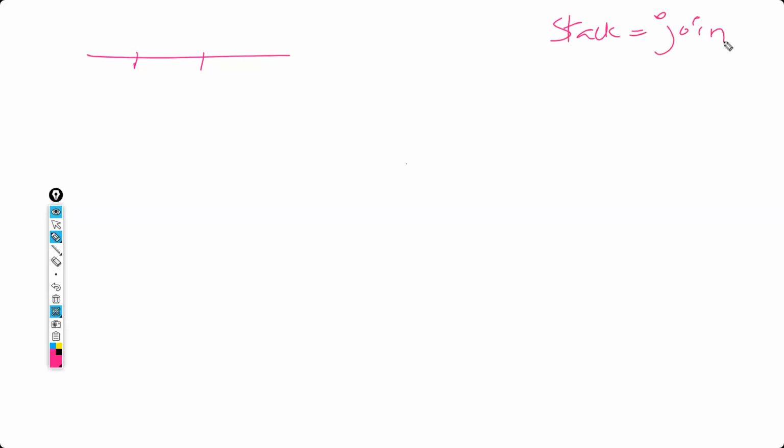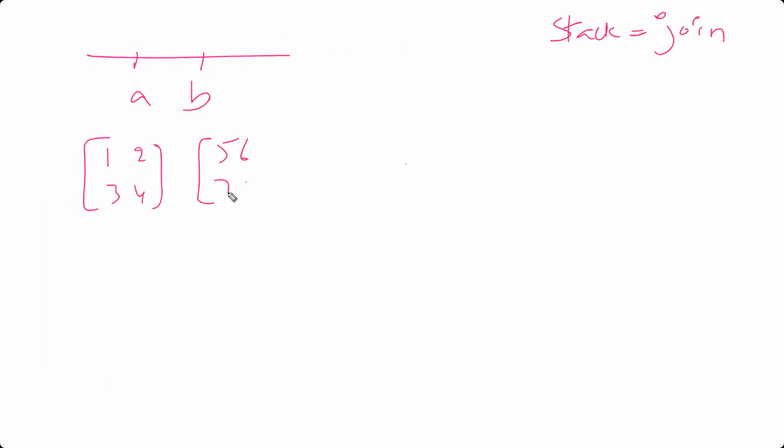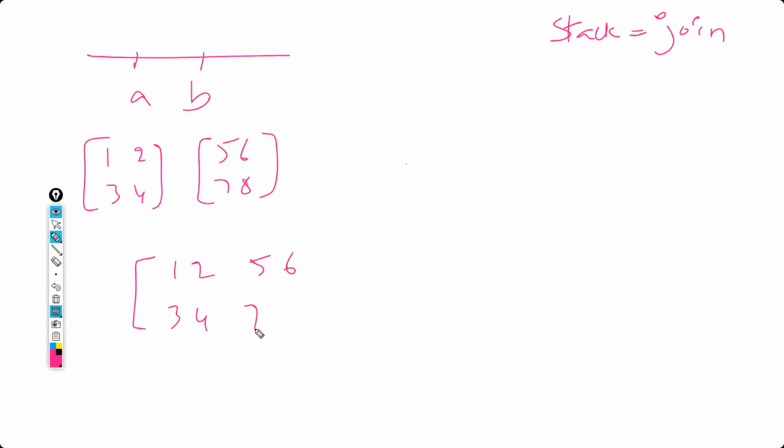Now two arrays you can join horizontally. Horizontal means side by side. What is the first 2D array? 1, 2, 3, 4 is the first one. What is the second 2D array? 5, 6, 7, 8. Now you are going to combine these two into one side by side. That is 1, 2, 5, 6, 3, 4, 7, 8.